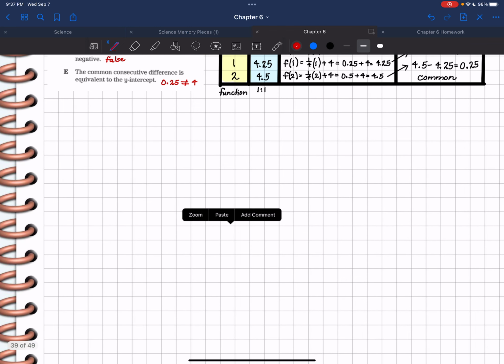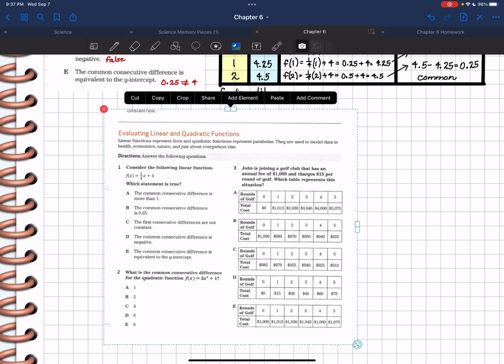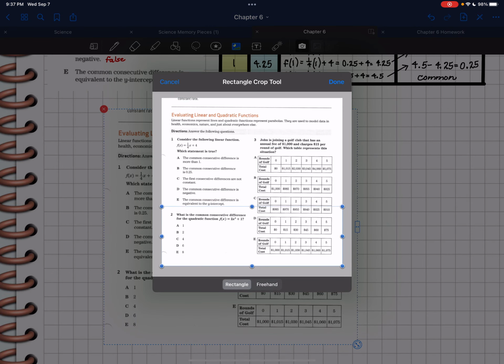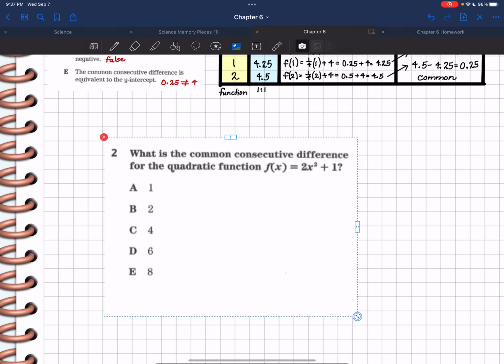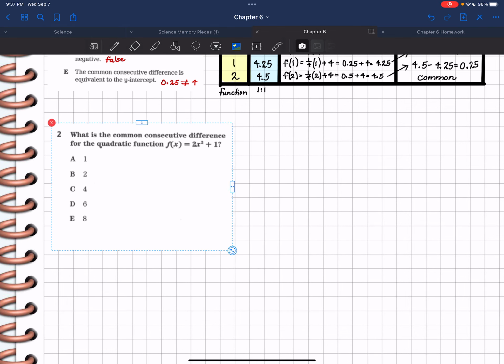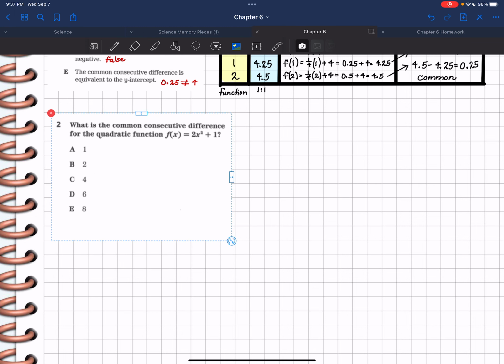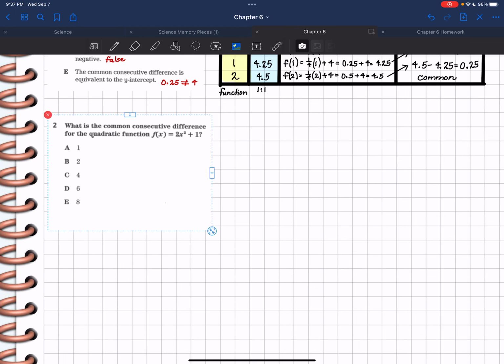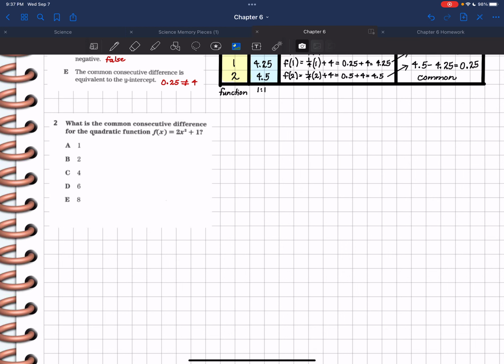Alrighty, number 2. Let me crop this down. I am going to try to just film 1 page per video. If some of these get excessively long, I won't be able to do that, but we'll see. All right, what is the common consecutive difference for the quadratic function?